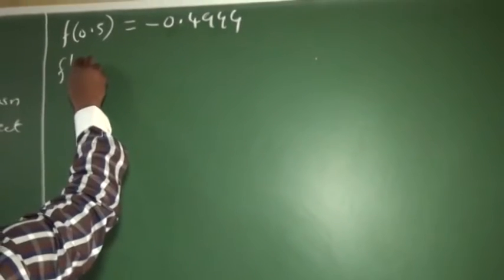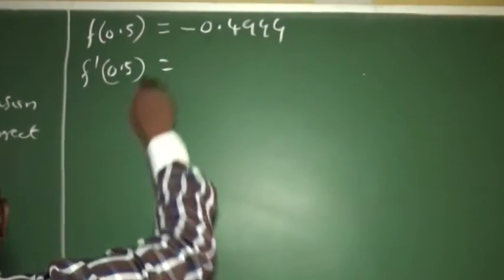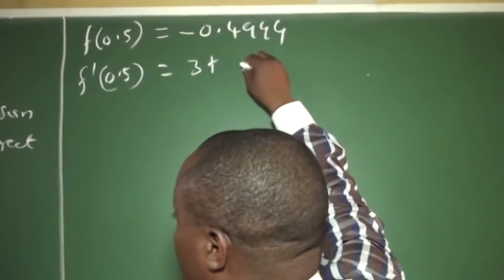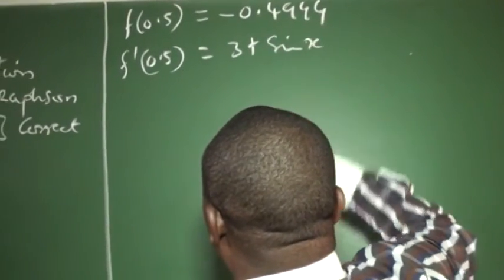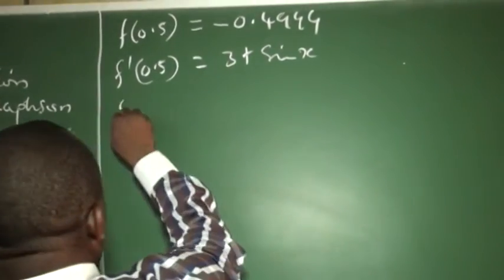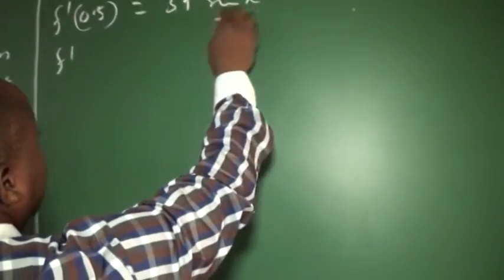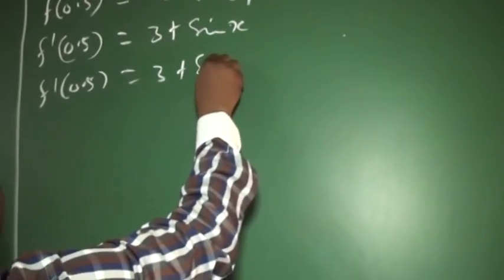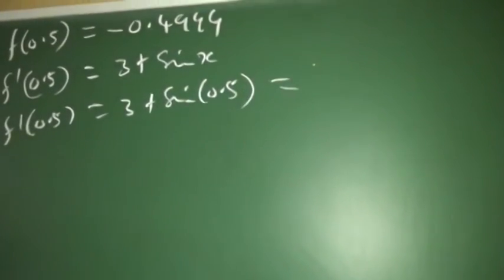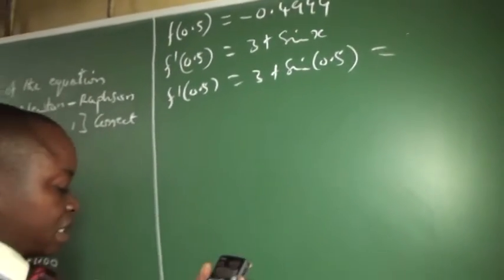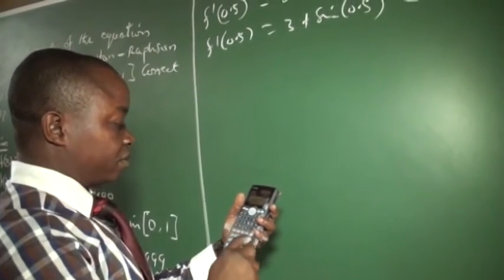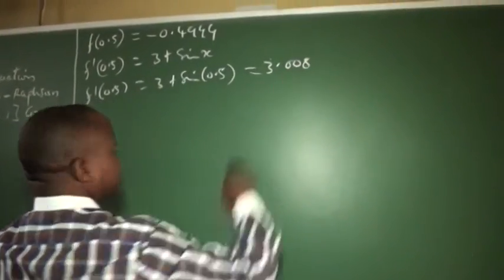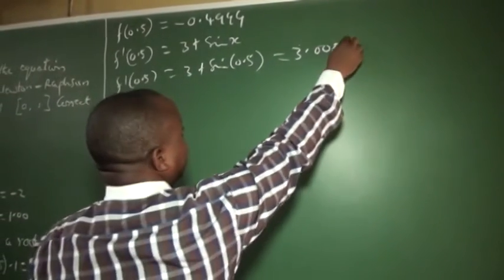Now f prime of 0.5 gives us 3 plus sine x, so that is 3 plus sine 0.5, which is 3.0087.